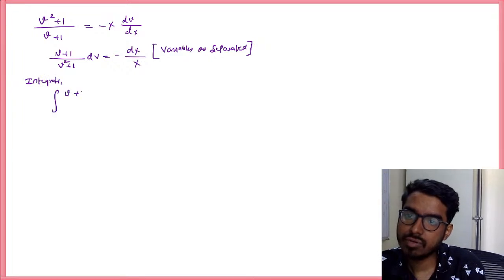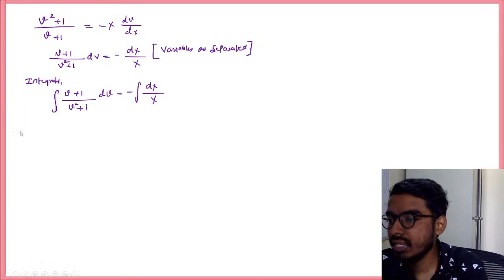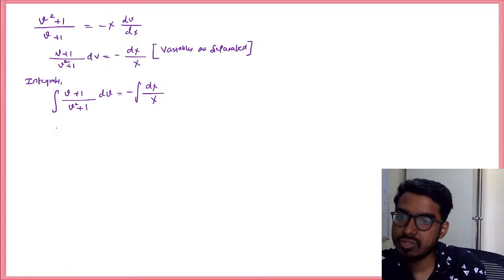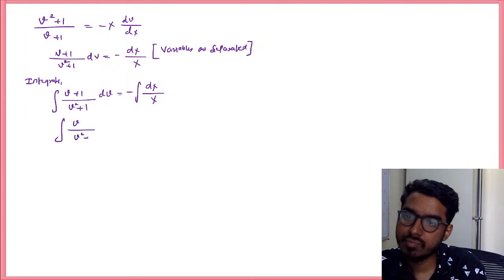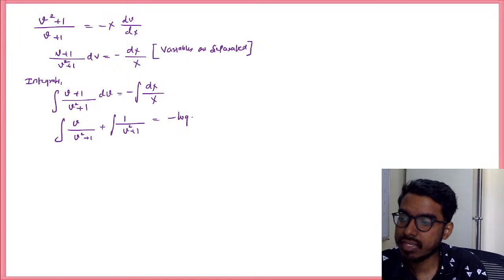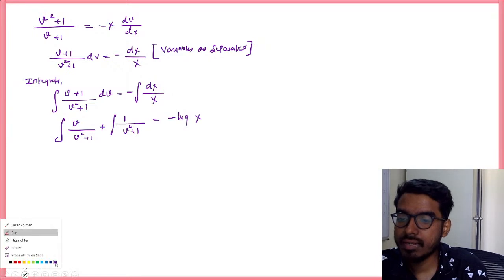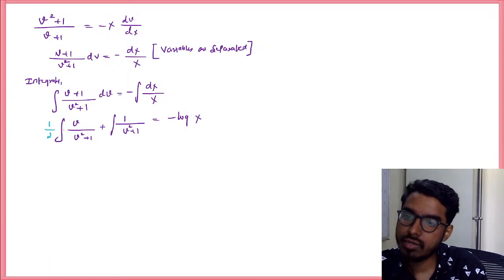Integration of (v plus 1) divided by (v square plus 1) dv equals minus integration of dX by X. I can write this as integration of v by (v square plus 1) plus integration of 1 by (v square plus 1), and this is minus log X. We will multiply and divide by 2 so that this will be 1 by 2 log of (v square plus 1).